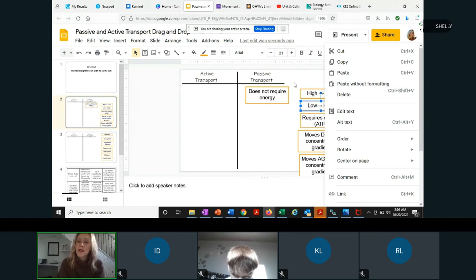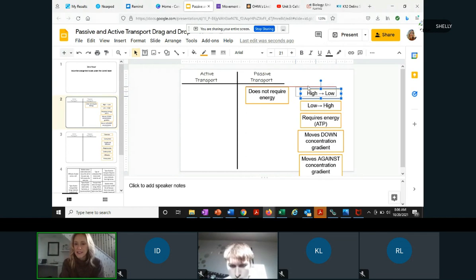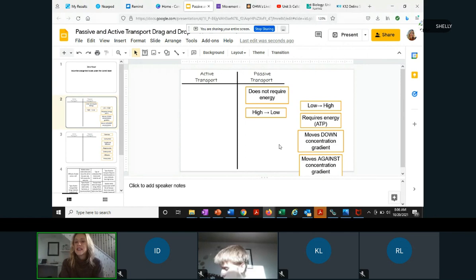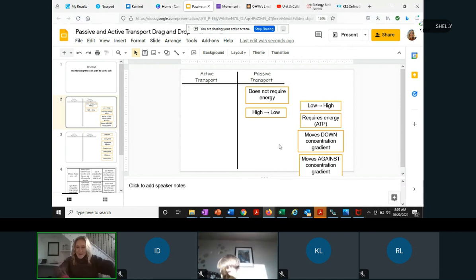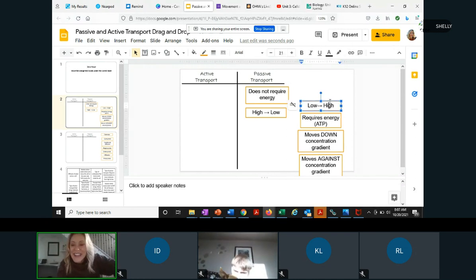So remember, molecules are a lot like us. They don't like to be crowded, right? If it is an area of high concentration, they're going to look to move somewhere they're going to have more space. That's natural.